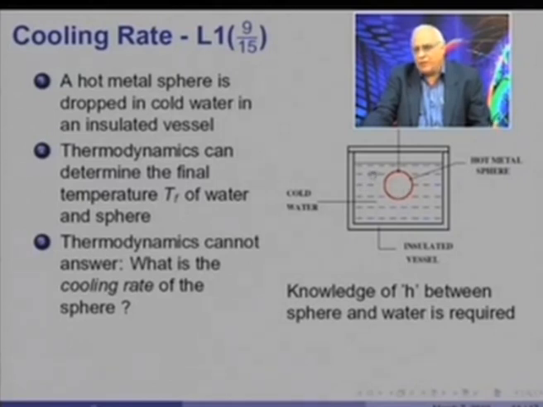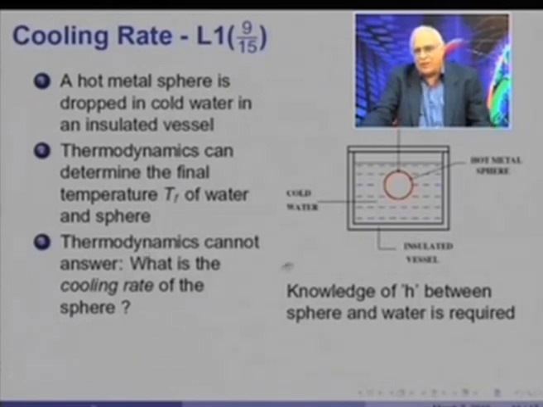Ultimately, both of them will attain the same temperature. Let us call this temperature T final, Tf. Thermodynamics will readily tell you what this final temperature will be, because the heat lost by the sphere would equal the heat gained by the water, and if you know the mass and specific heat of the sphere and water, you could readily determine the final temperature Tf.